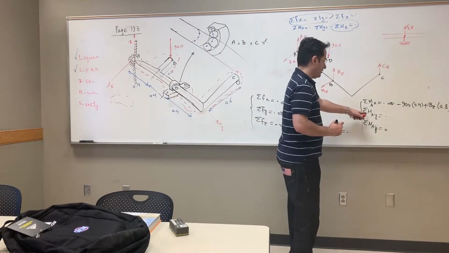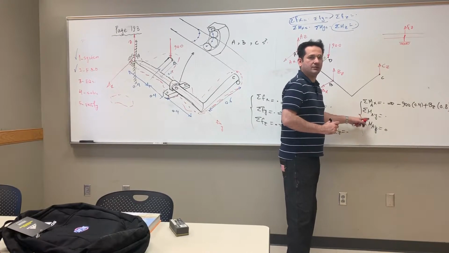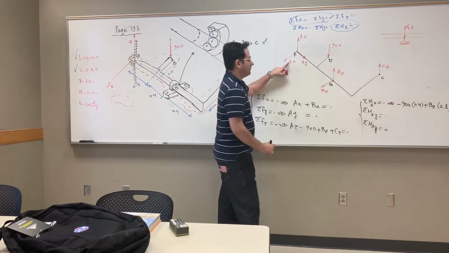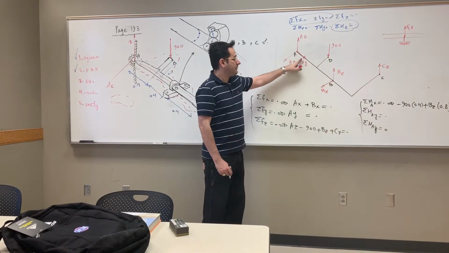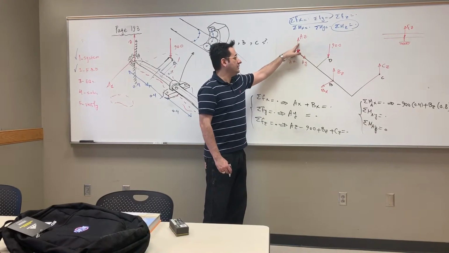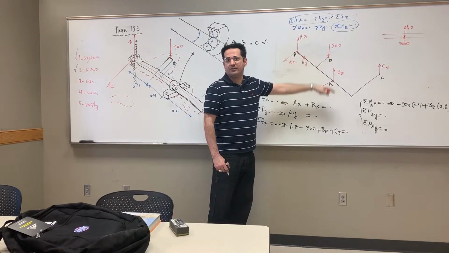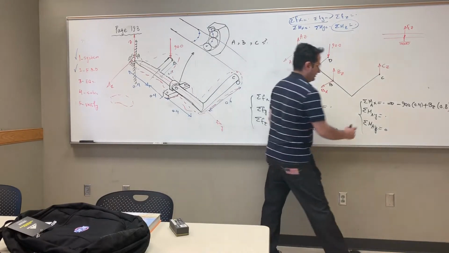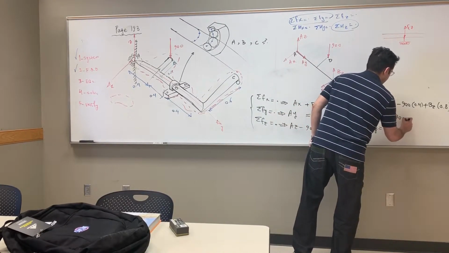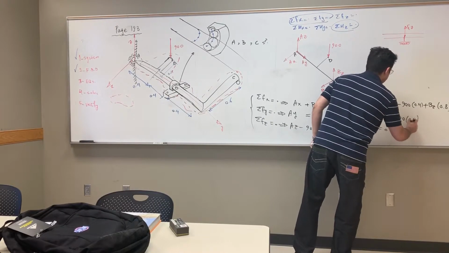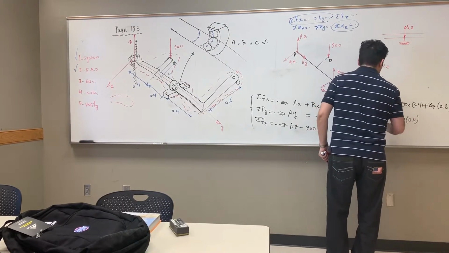Summation of moment about the y-axis. Let's start with this. 0, 0, 0, 900 times 0.4. Positive or negative? Negative.